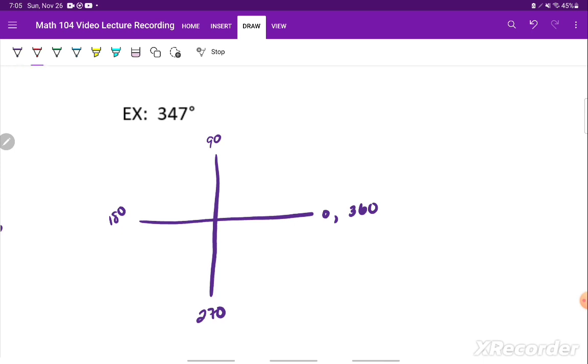Our angle, 347, is going to be in our fourth quadrant. We're going to drop a perpendicular down to the x-axis, creating a right triangle, and our reference angle is going to be this angle inside of our triangle.